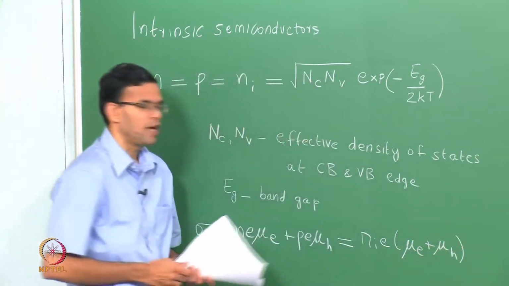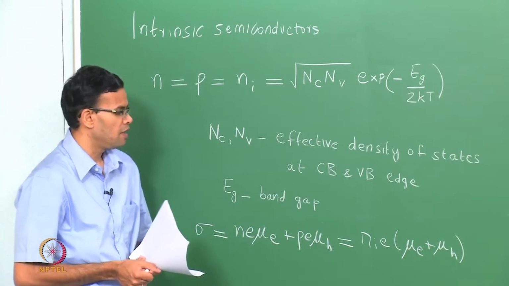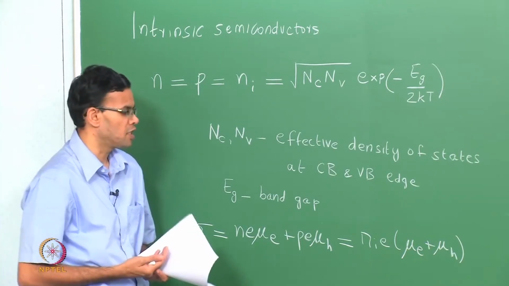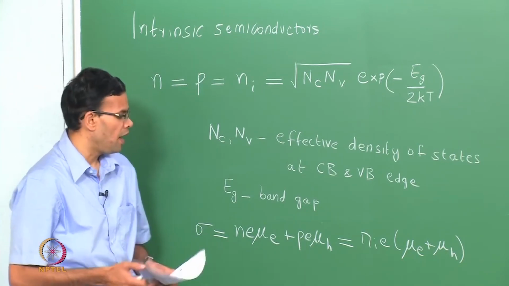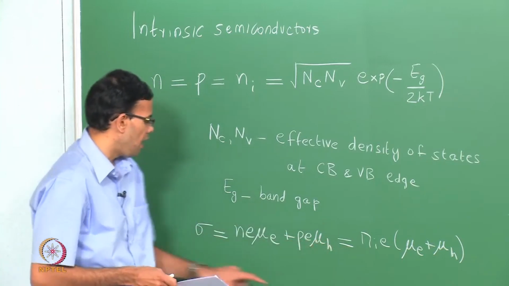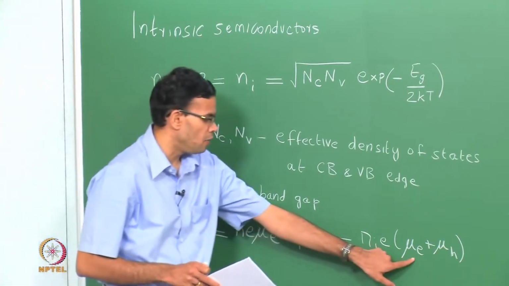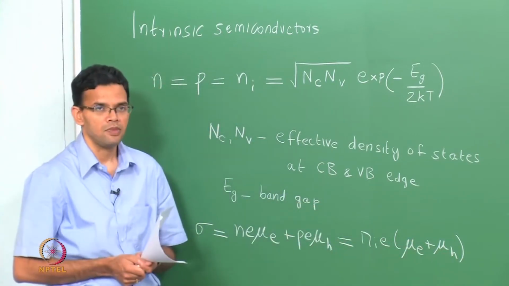Mu e and mu h are the mobilities of the electrons and the holes. They represent the ease with which the electrons can move through the conduction band or the holes can move through the valence band. The higher the value of n, the higher the conductivity. Similarly, the higher the value of mu e and mu h, the higher the conductivity.